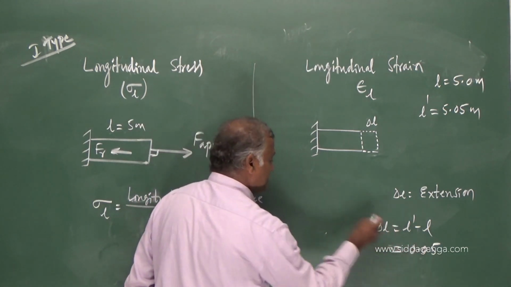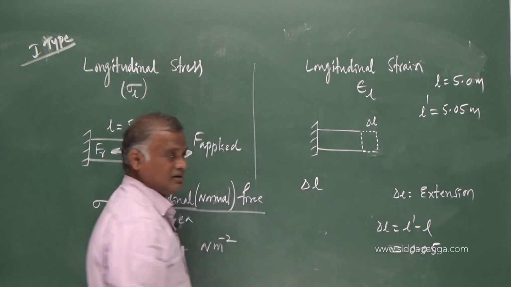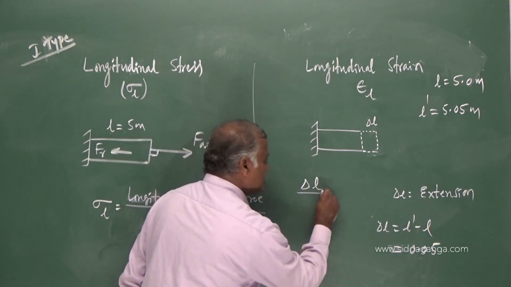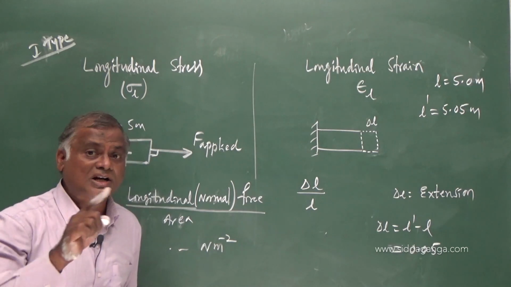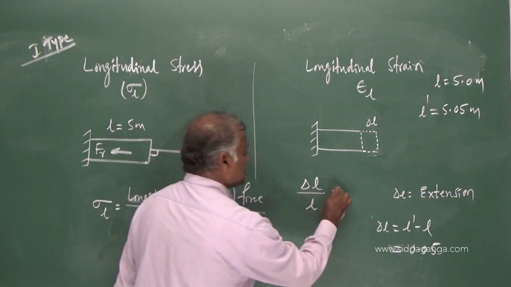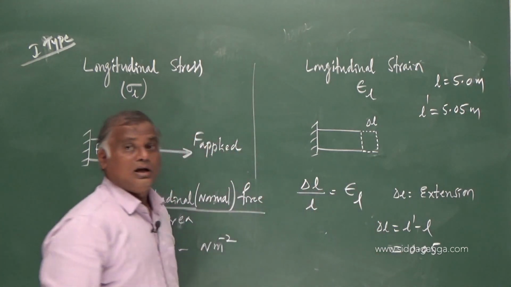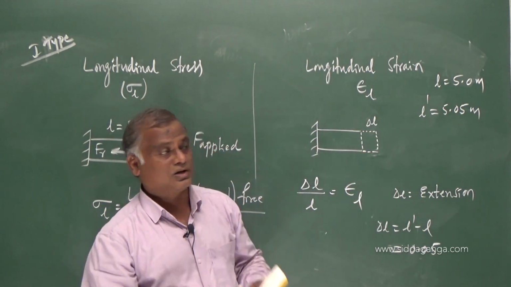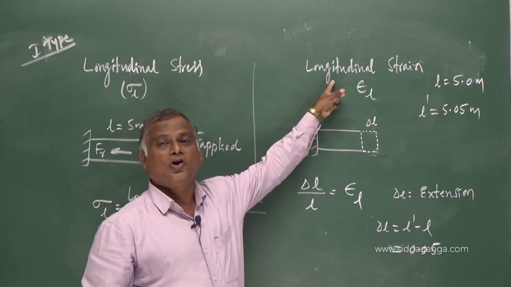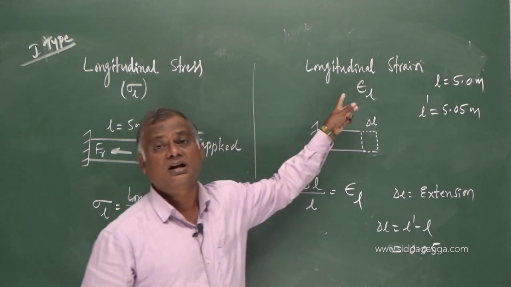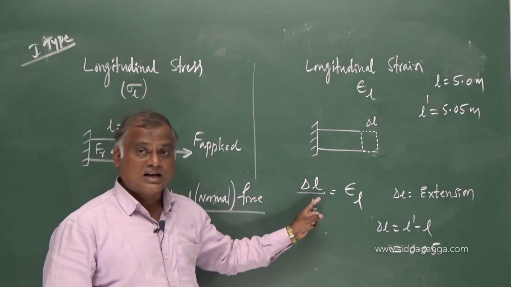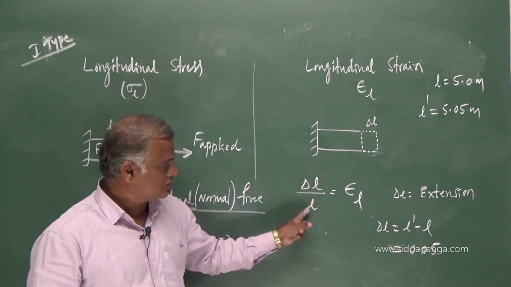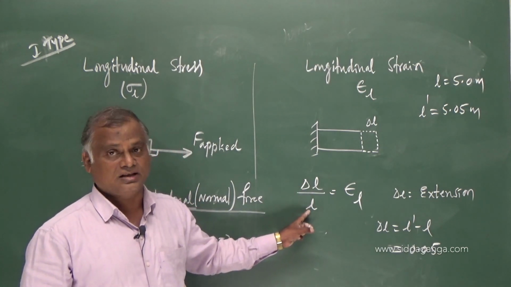That change in the length of a steel rod to the original length is correspondingly known as longitudinal strain. Pronunciation differs, my dear students. Longitudinal strain is defined as ratio of change in length to the original length.